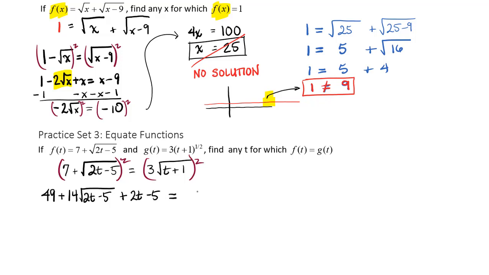And on the right, we will get 9 times t plus 1. Combine any like terms that you can, and then isolate the radical.